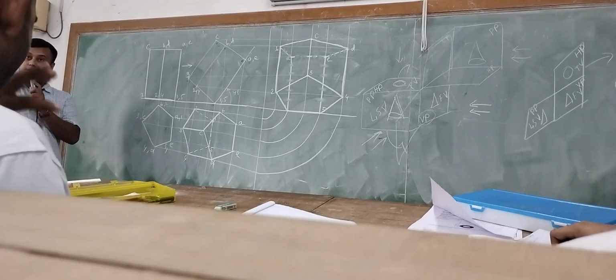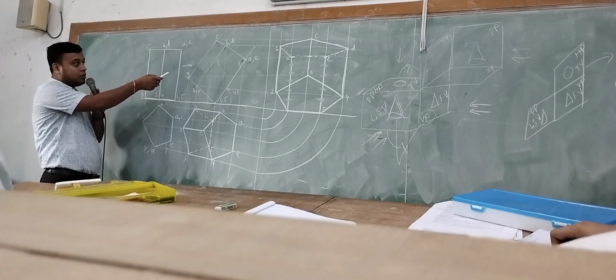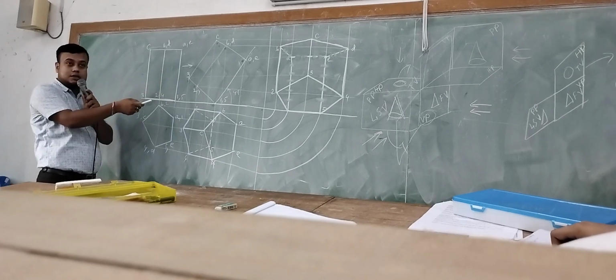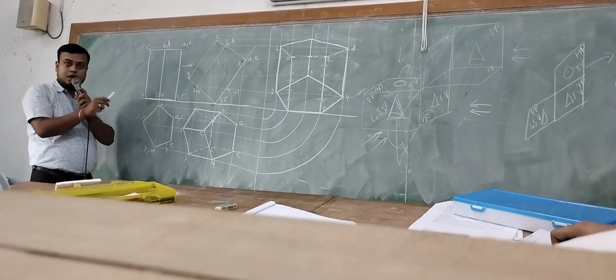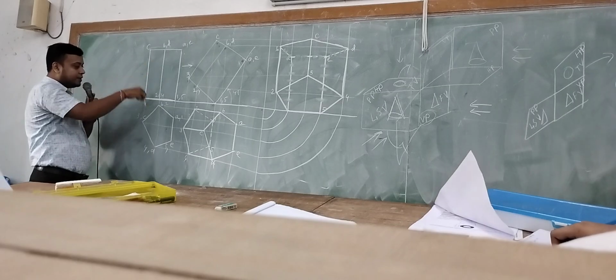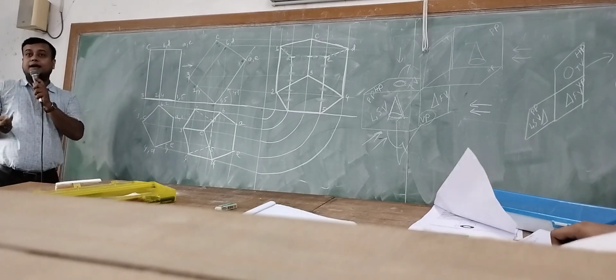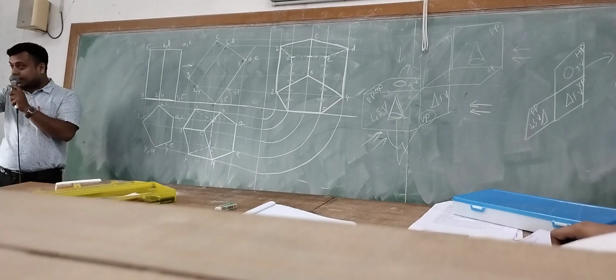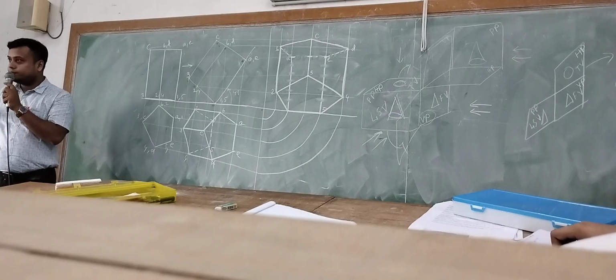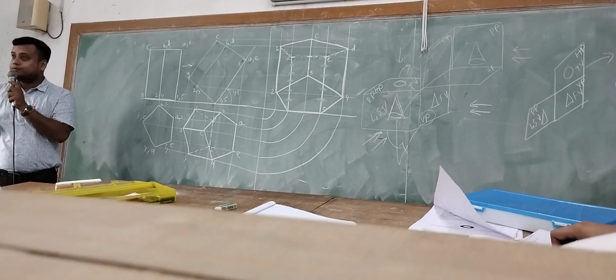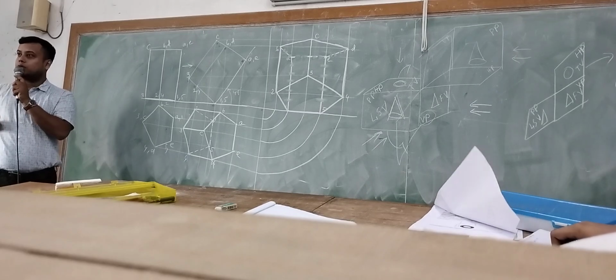So you have to now ask, okay, I cannot directly draw the inclined conditions, I have to start with the normal conditions, fine. Normal conditions, if I see a pentagonal prism, it will be a pentagon from the top, and from the front view it will be a rectangle. Instantly it will run on your mind, okay, rectangle, that will be easier, let us start with the rectangle. Okay, but do you have the rectangle dimensions?